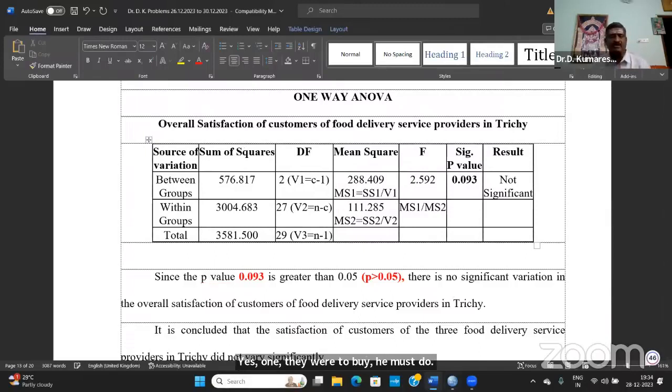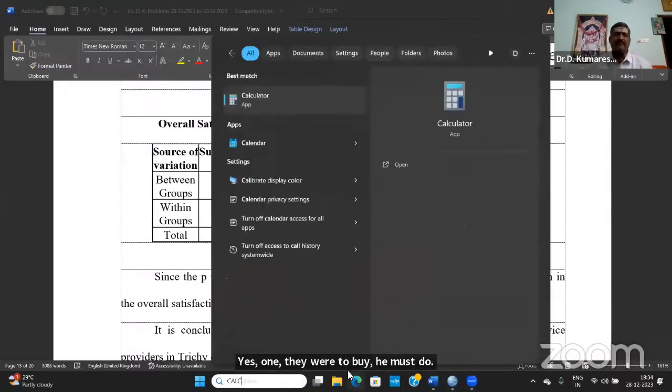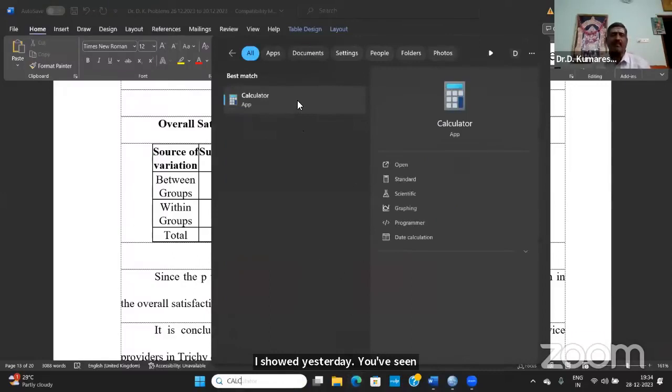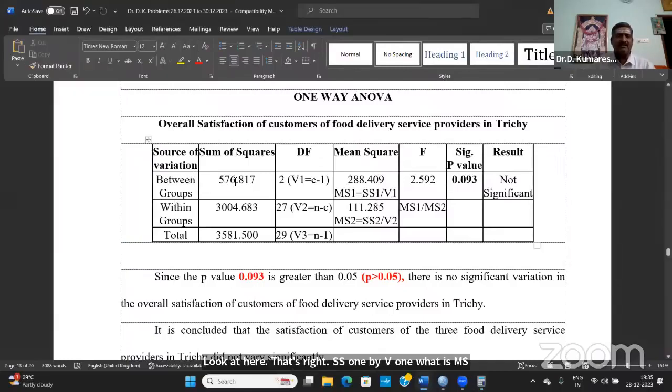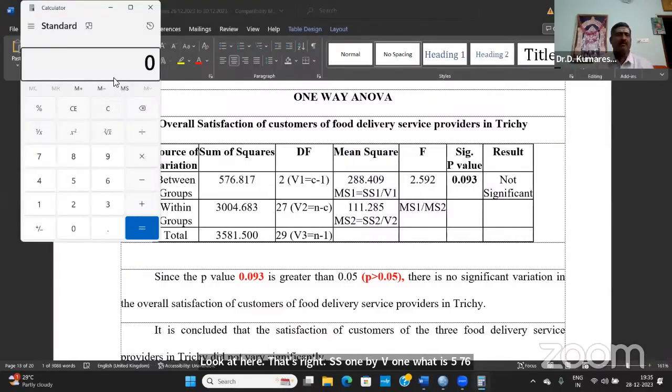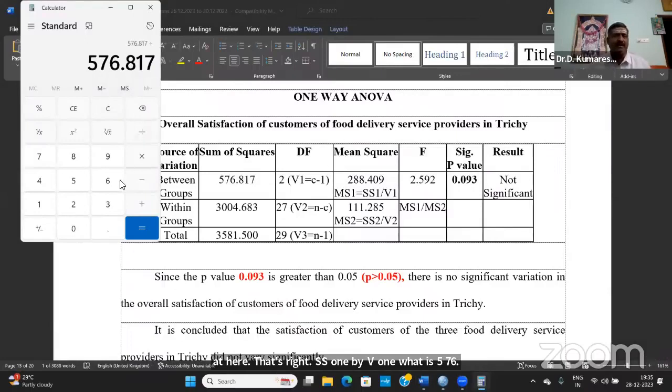So I showed yesterday using calculator. Look at here. First one, MS1 equal to SS1 by V1. What is SS1? 576.817 divided by 2. 288.409.